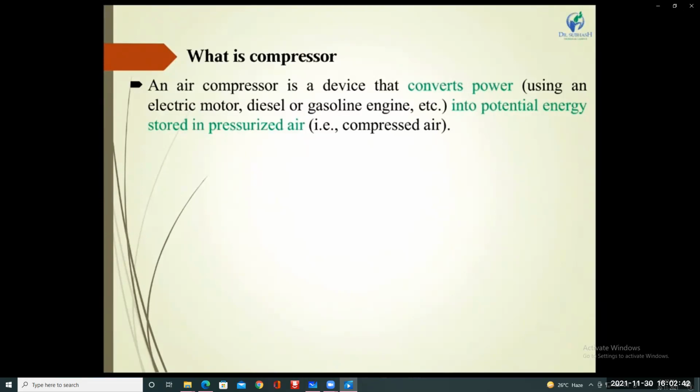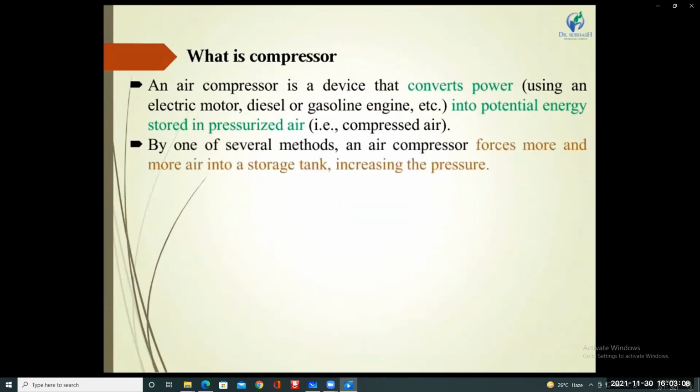We have to know that normal compressors work with air or gas and pumps work with liquid, but here we have to compress the air. So this compressed air is highly pressurized, and we store it in a pressurized tank or for any other utilization.